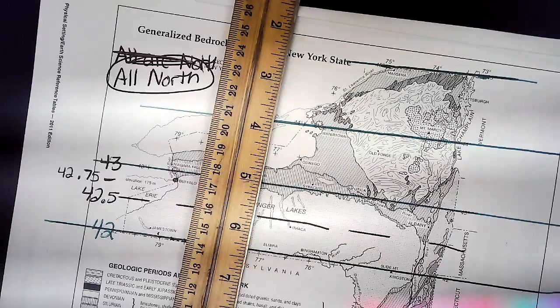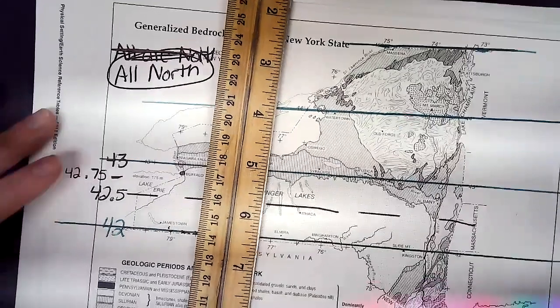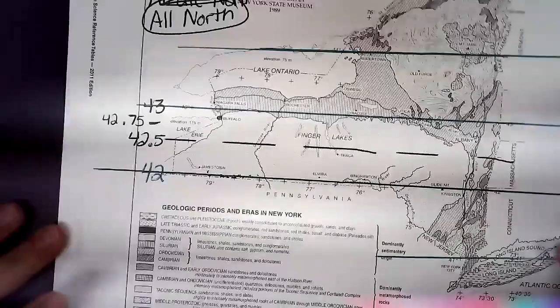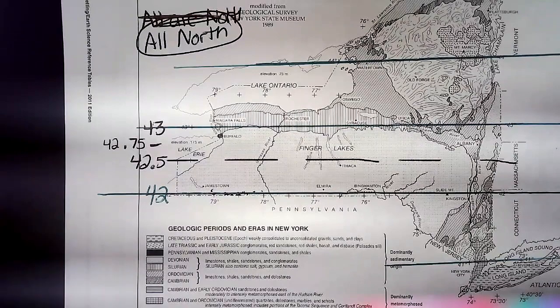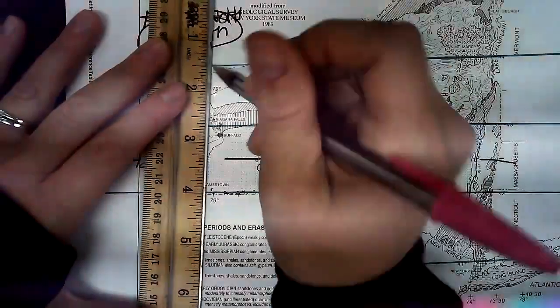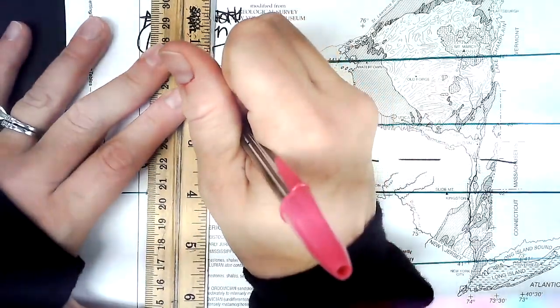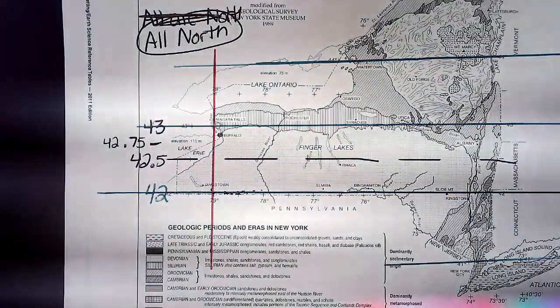Flip back just one page. For Buffalo, what did we say the longitude was? 80 degrees west. Well, is 80 degrees west even on this map? Not. Closest thing we got is 79. So let's go to 79 and draw in the line for 79.